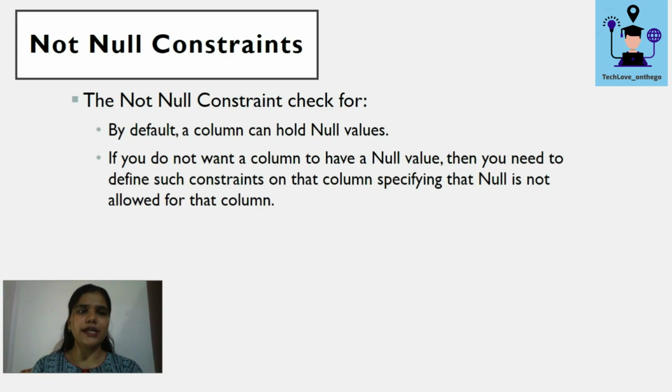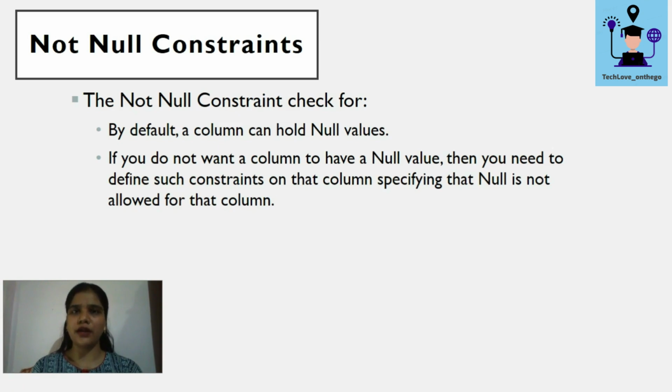Not null constraint. By default a column can hold null values. If you don't want a column to have a null value, then you need to define such a constraint on that column specifying that null is not allowed for that column. So if you want that any attribute value should not be null, then you have to explicitly apply this constraint, which is known as the not null constraint, on that particular attribute.